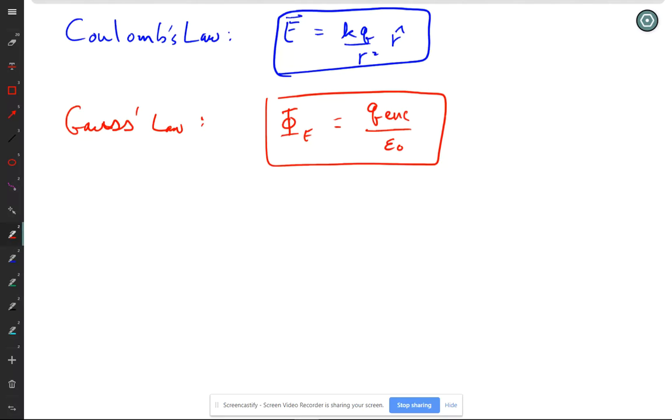But it's actually really simple, because Coulomb's law, as stated, is for a point charge. All we have to do is take a point charge and apply Gauss's law to it. So here's a point charge. What kind of symmetry do I have for that point charge? Spherical symmetry.